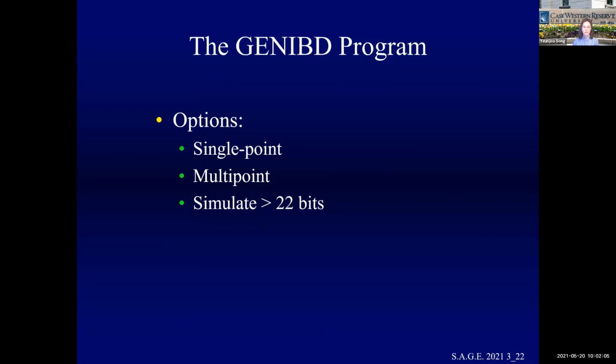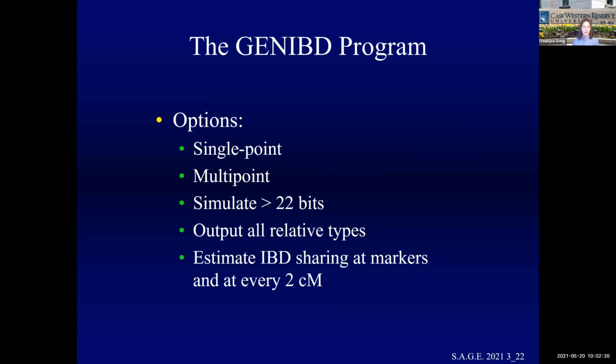Generally when it is greater than 22 bits, it goes to the simulation, but you can put those numbers in, and then it outputs all relative pair types and estimates IBD sharing at markers, and in the multi-point case, every 2 centimorgans in between markers.